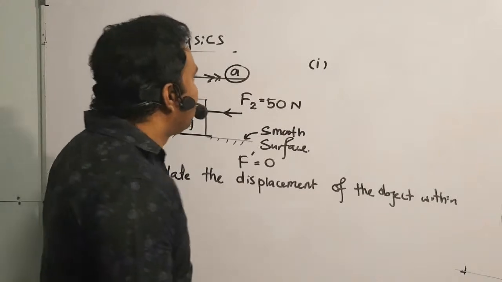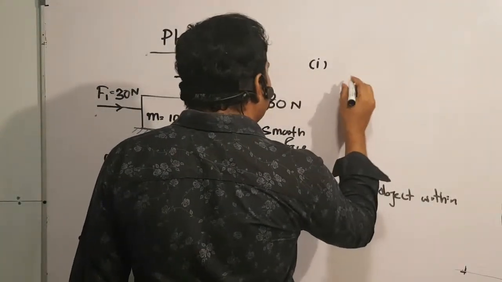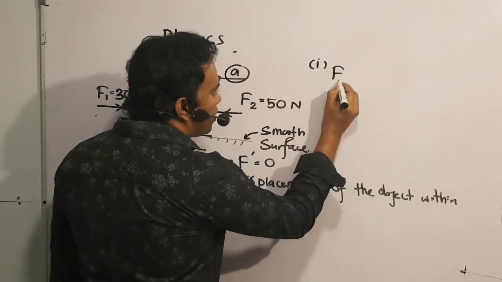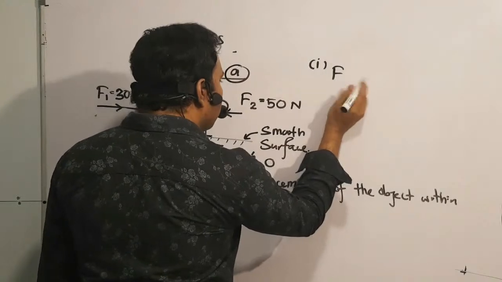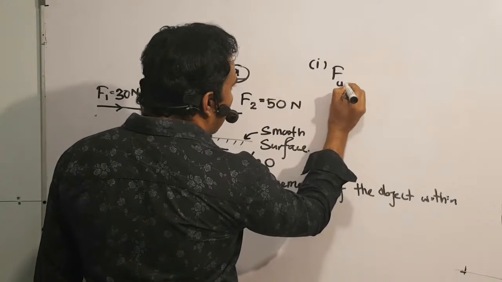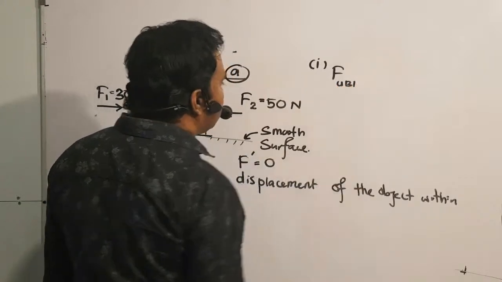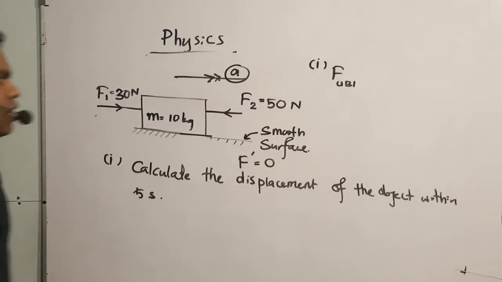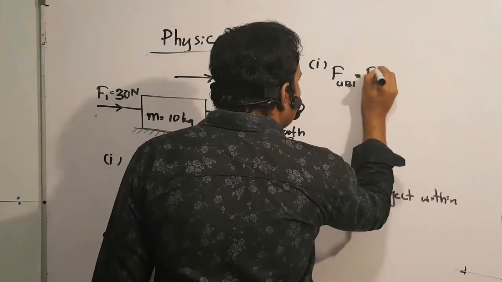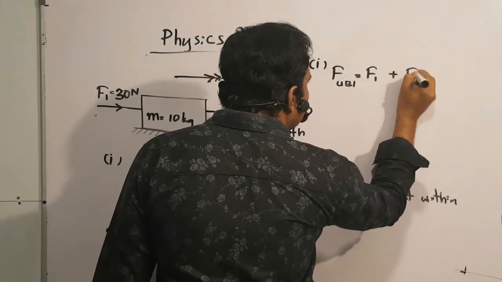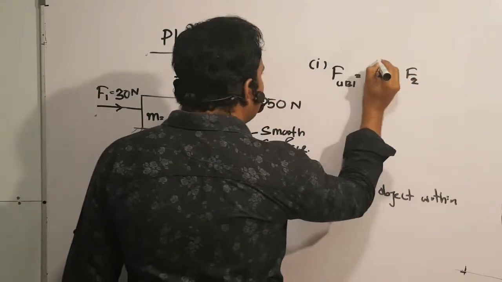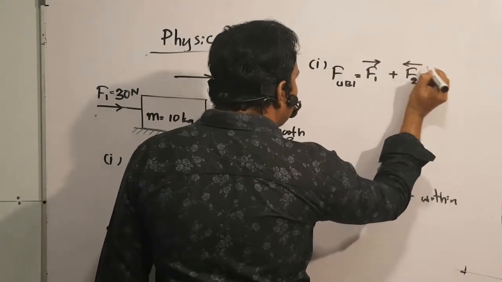The first thing you have to do is find the external unbalanced force. That's F resultant, which I wrote earlier. Now I write external unbalanced force. That equals F1 plus F2. F1 is in this direction and F2 is in that direction.